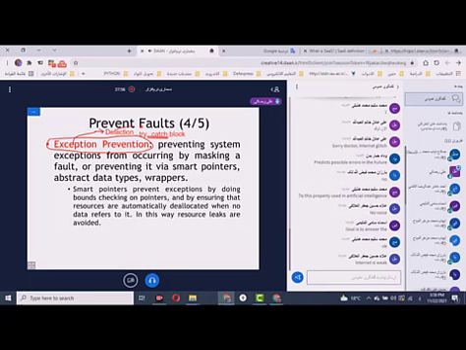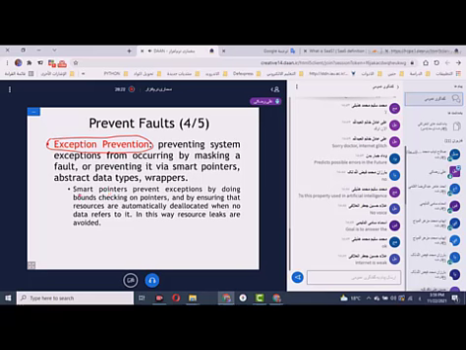This is exception detection and exception handling. But now we are talking about exception prevention. We don't want to let some exceptions happen. So we try to prevent exceptions. This is our goal in exception prevention methods.